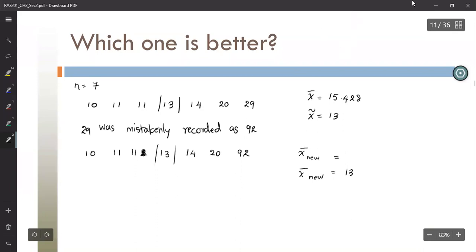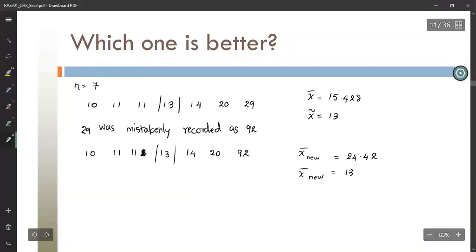So what is the new mean? Okay, so you get the new mean is 24.4. Any other answers? 24.42. Okay, so this is the new mean.